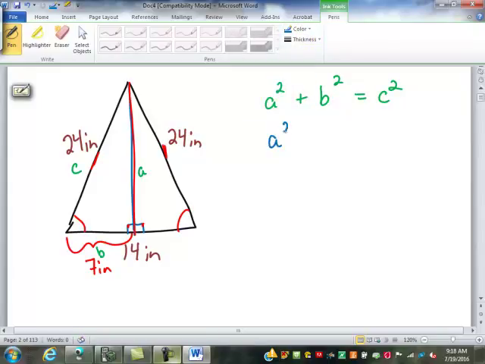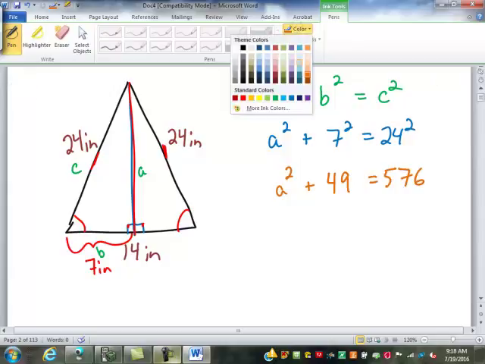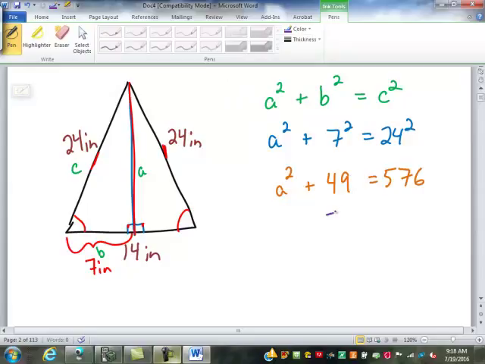Gives us A squared plus 7 squared equals 24 squared. 7 squared is 49. 24 squared is 576. Then we subtract the 49. Get that A squared equals 527.